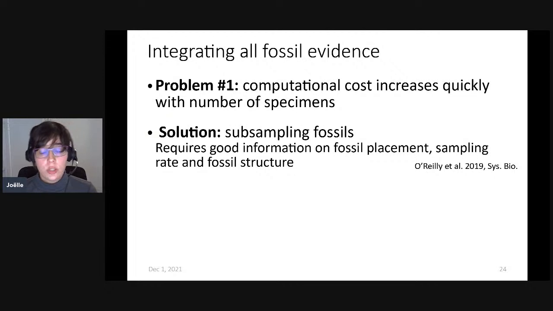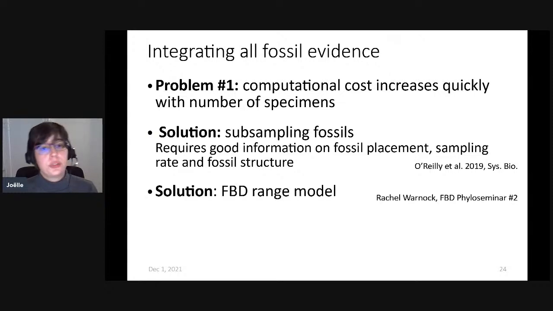So there have been studies on subsampling that have shown that it can work really well, but picking a good subsample of fossils requires good information on the fossil placement in the topology, the sampling rate of fossils through time, and the structure of fossil sampling. So that might be information that is or is not available. Another alternative is to use the FBD range model that Rachel has discussed during her philo seminar.